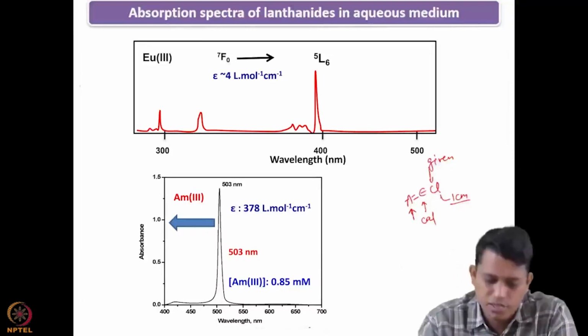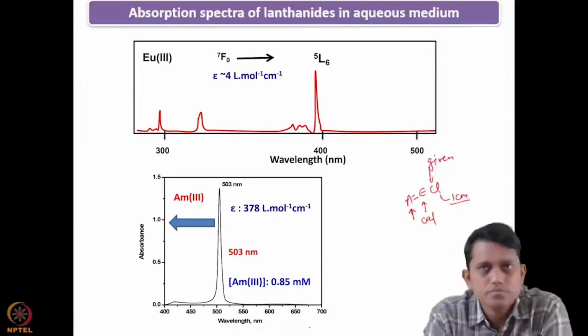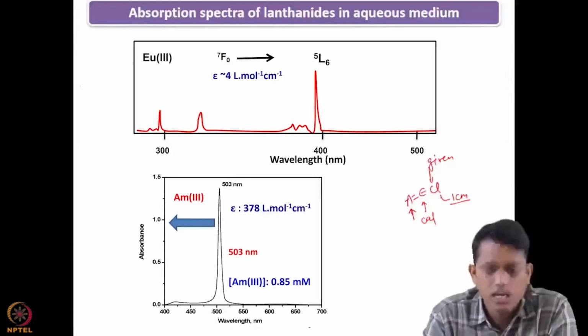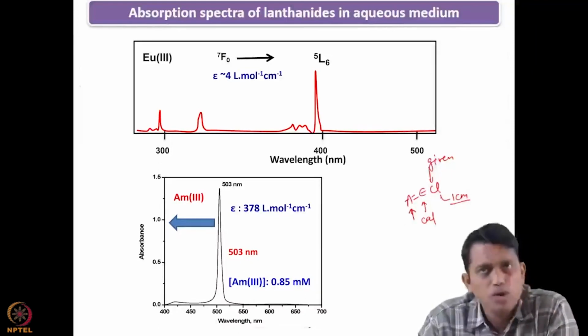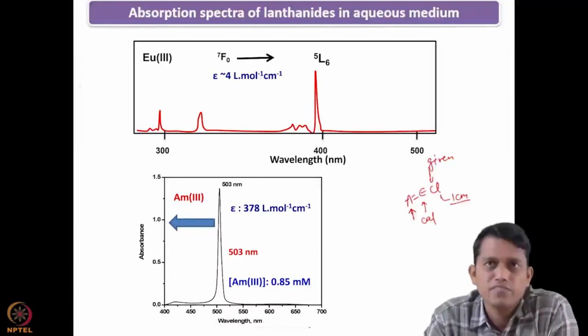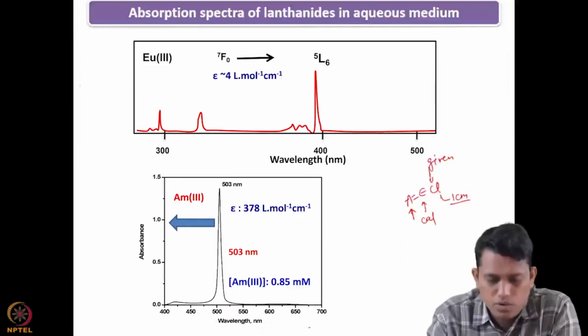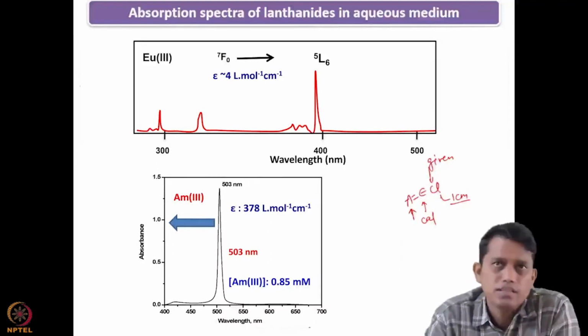This is one example I've given for the transition of trivalent lanthanide and actinide. It's very difficult to tell about the broadness, but in general the 5F should be more broad compared to the 4F. But here since the scales are very different, you may not be able to get it straightforward, but their broadness should be on a higher side compared to the broadness that we observe in the lanthanides.